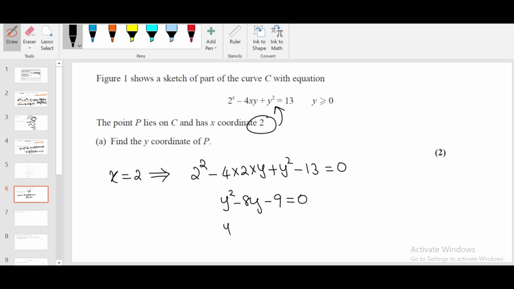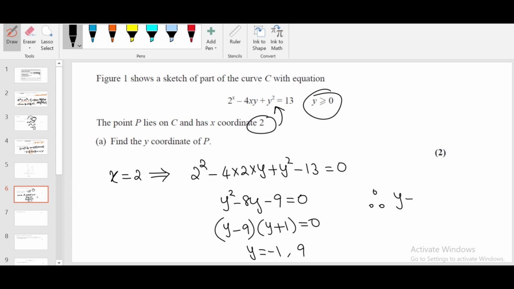You can write it as y minus 9 times y plus 1 is equal to 0. Y is equal to negative 1 or 9. Apparently the y takes only positive values, therefore y is equal to 9. That's all, part A. Easy 2 mark question.